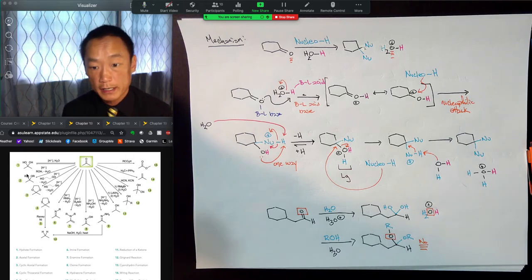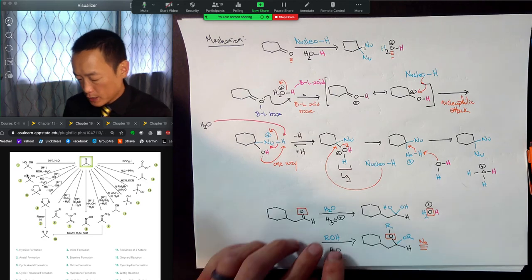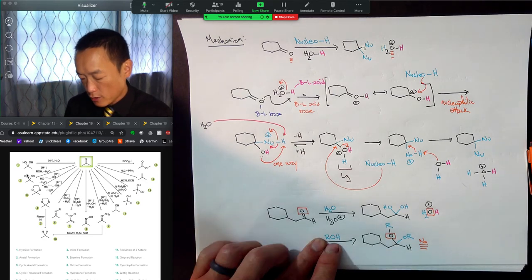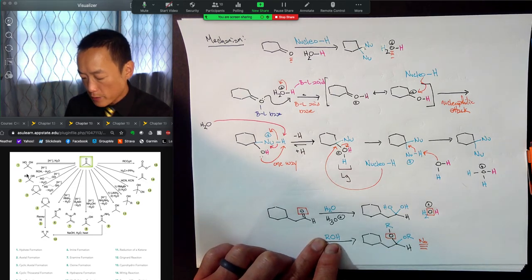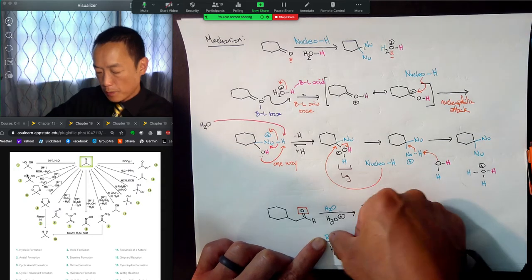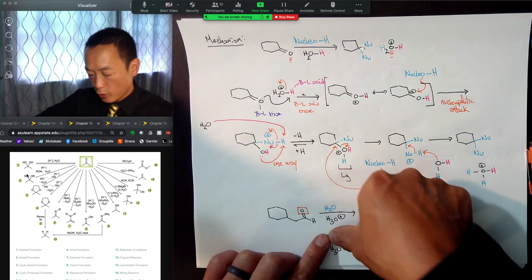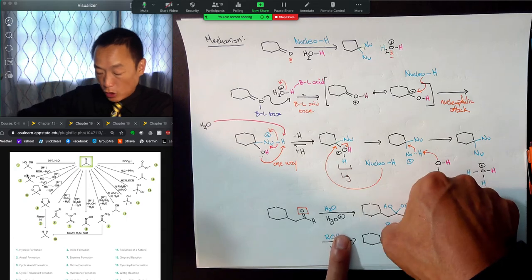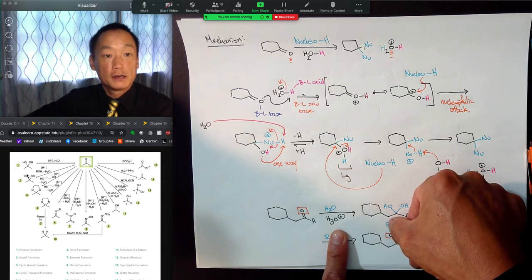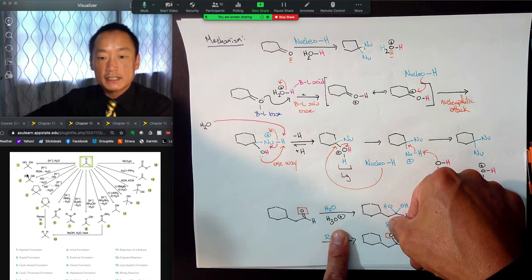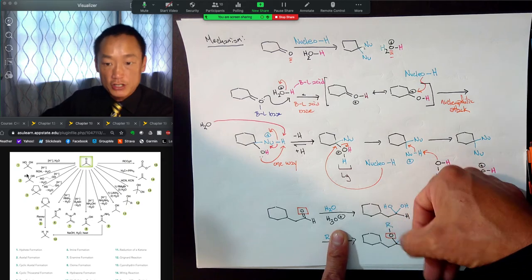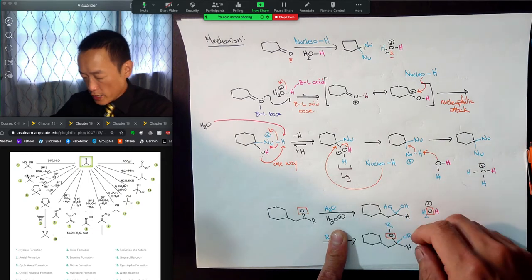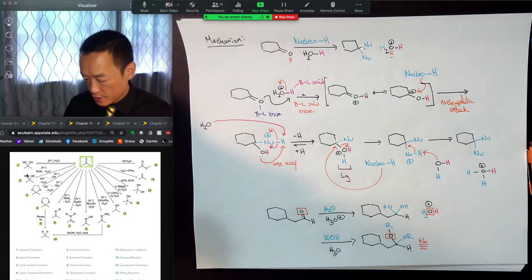And the reason why is because the second addition of this alcohol here would require me to have a leaving group on this carbon chain in order to form a new oxygen-carbon bond. And that's just not going to take place in this reaction condition because we have an electrophilic center right here.